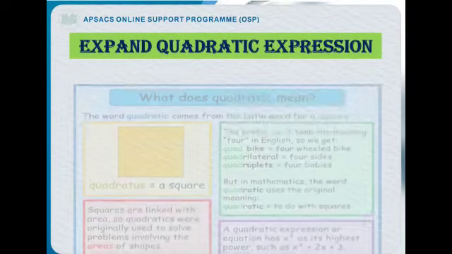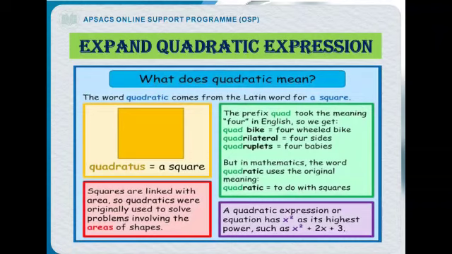Expand quadratic expression. First, remember what quadratic is. What does quadratic mean? The word quadratic comes from a Latin word which means squares. And what does square mean? Four sides, correct? As you can see, these squares are linked with area.